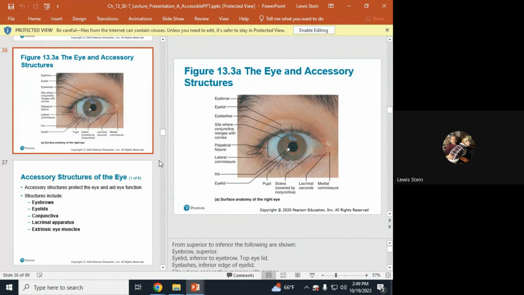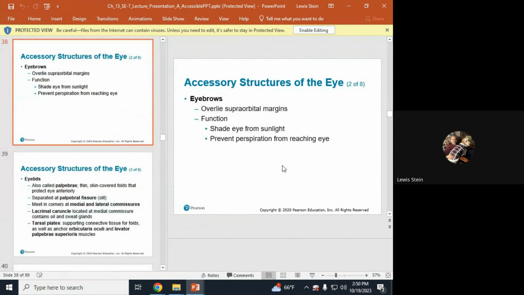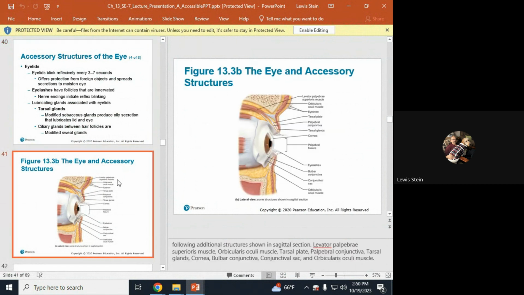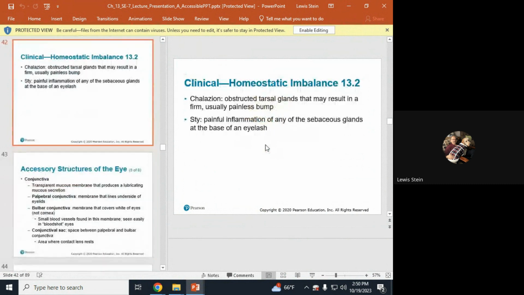So the illustrations that you might be labeling could be this, with the sclera, the iris, the pupil. So that's a possibility. You may see that, or you may see this illustration where you can see the cornea being clear, but being a continuation of the sclera.